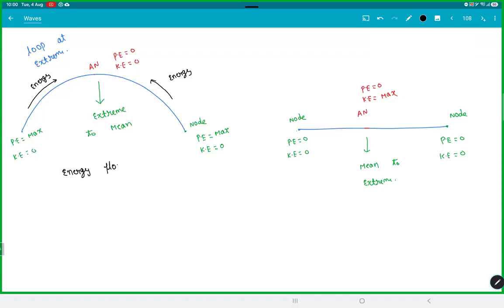So within the loop, the energy is being transferred to and fro. That's why the antinode is gaining energy. And when it is going back again, the energy goes back from antinodes to nodes. So energy is continuously flowing between nodes and antinodes.